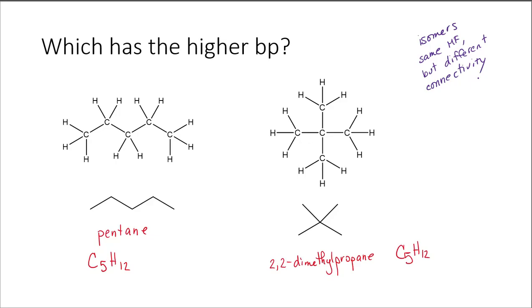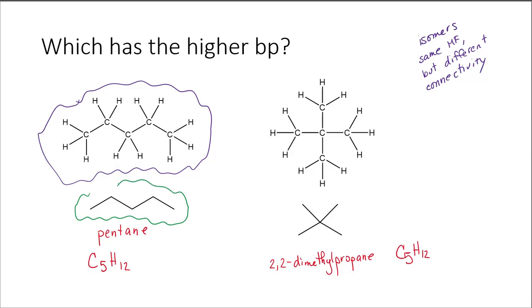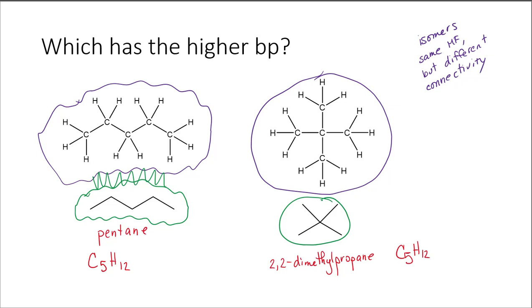So again, we're talking about what happens when purple pentane sees green pentane. We have an interaction. How is that interaction different between the isomer, the 2,2-dimethyl propane?